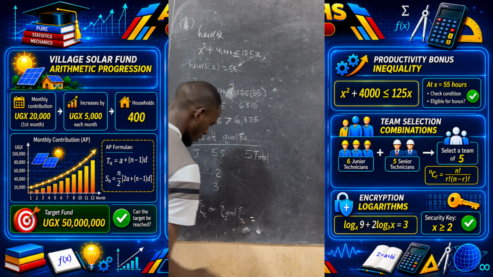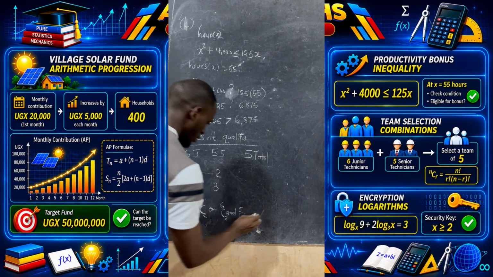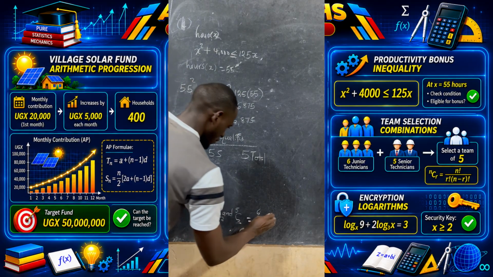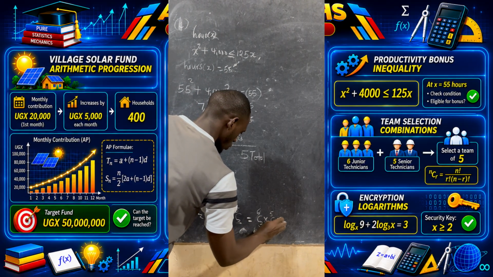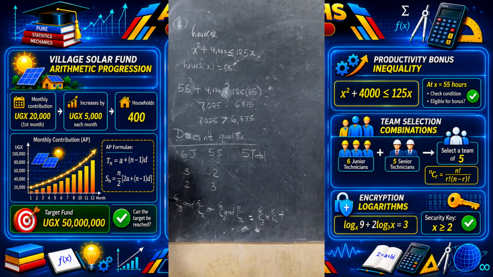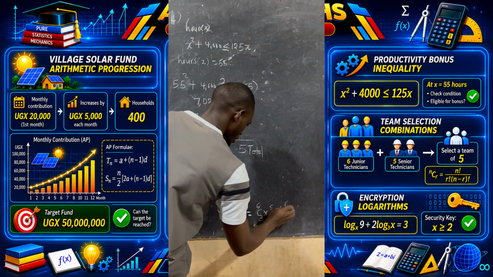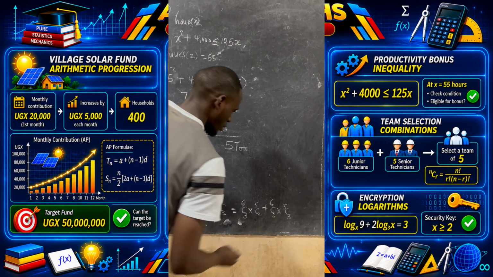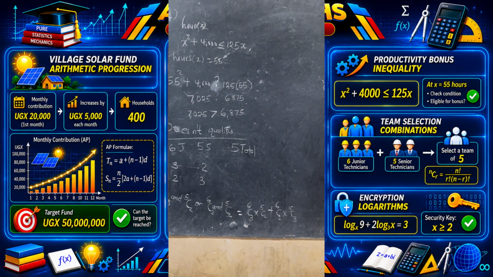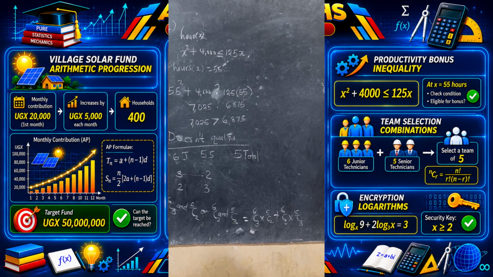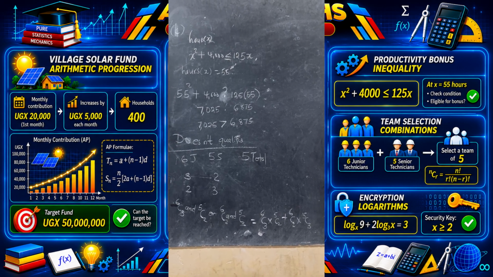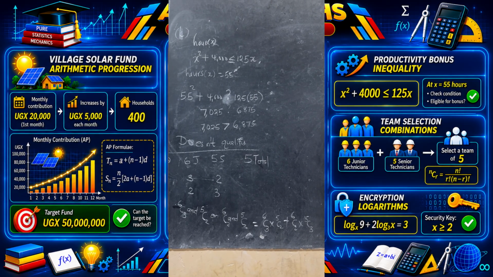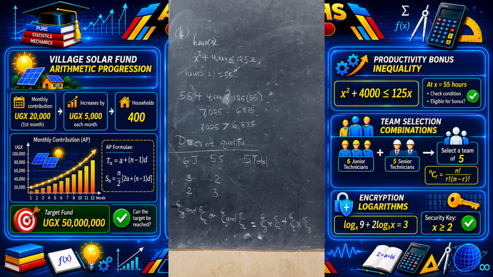So this can be written as 6 combination 3 times 5 combination 2, plus 6 combination 2 times 5 combination 3. When I go to my calculator, I'll have 6 combination, which is on the division sign on some calculators, 3 times 5 combination 2.